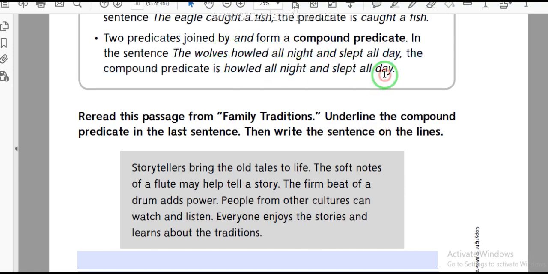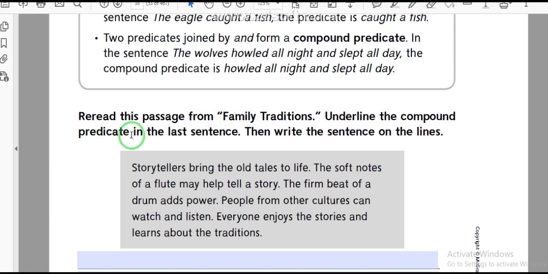Why? Because we have two verbs. Howled is the verb here, howled all night is predicate number one, and slept all day is predicate number two. So we have two predicates, two verbs. Because we have two predicates, we call it compound predicate.